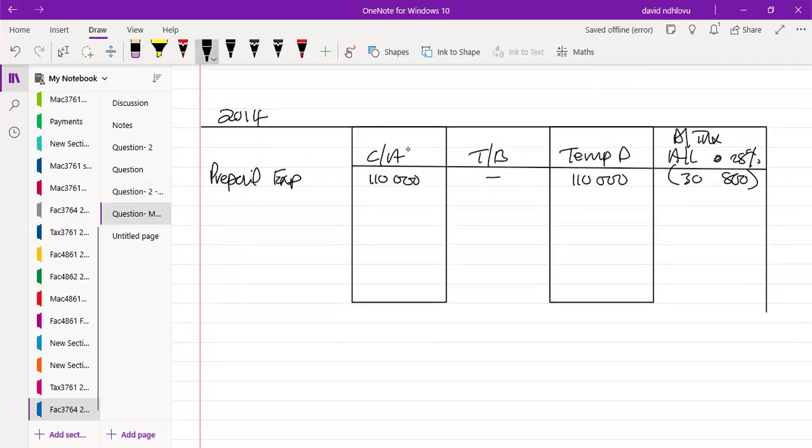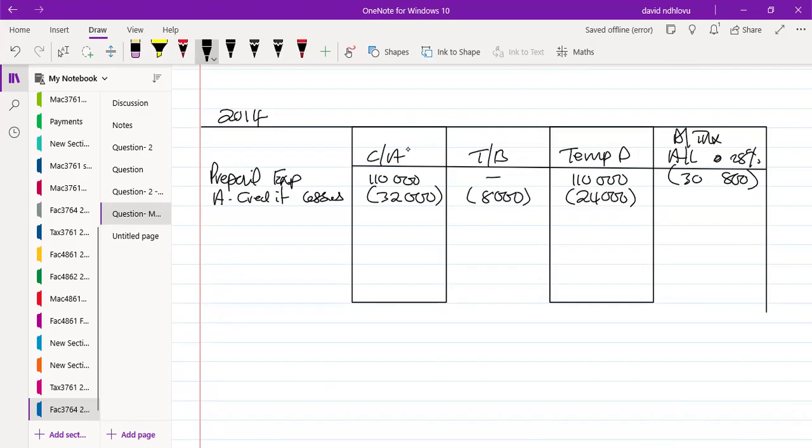The value is 32,000, and we were told that SARS only recognizes 25% of this. So according to the policies of SARS, the tax base is 32,000 minus 8,000, which gives 24,000. Remember, an allowance for credit losses is a liability.